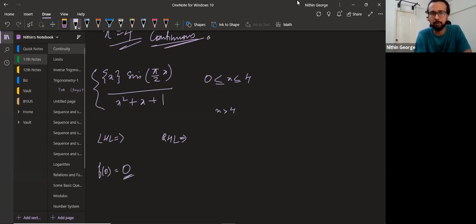F of 0 will be 0. You put the value 0 here, the fractional part of x is 0, sine of 0 is 0, divided by a non-zero quantity, which is 1. You will get 0 perfectly.